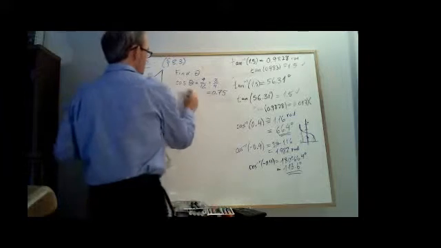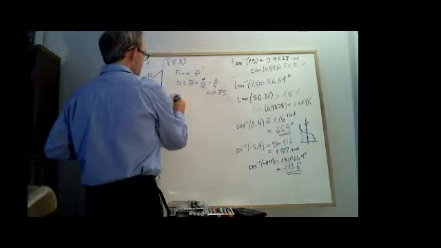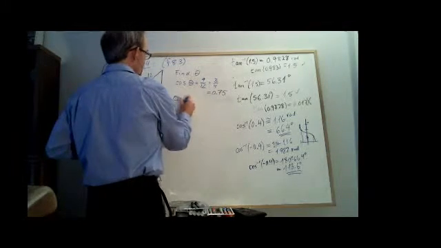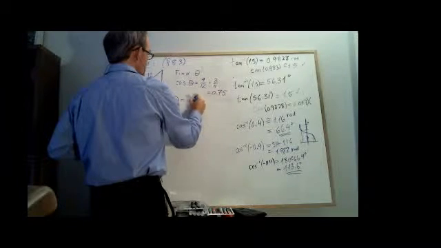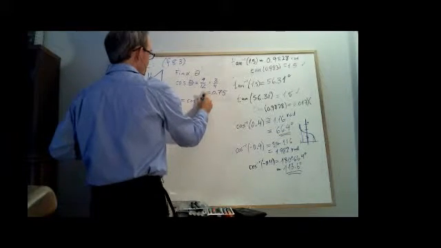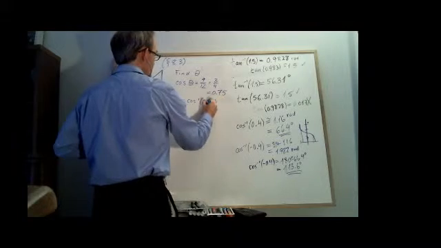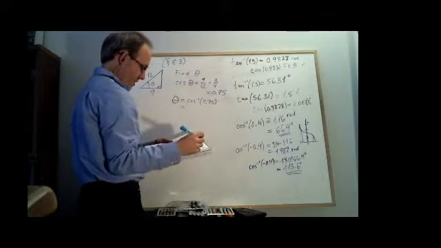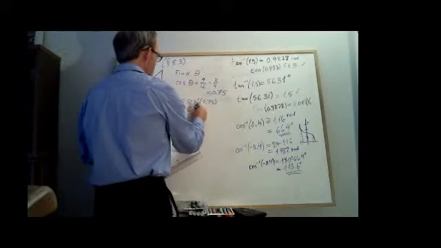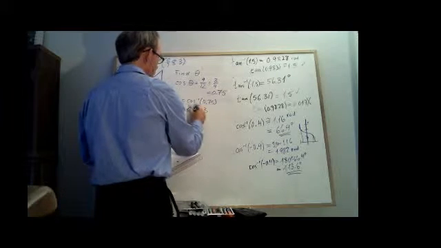Okay. Now to solve this, we just use the inverse trig function. Theta is cosine inverse of 0.75. Plug it into the calculator and use radian mode, and we get 0.723 radians.